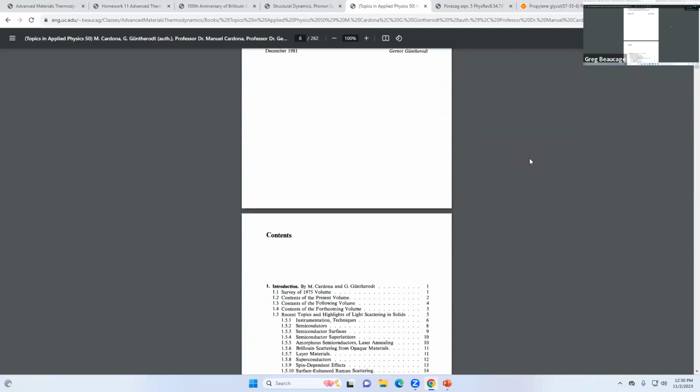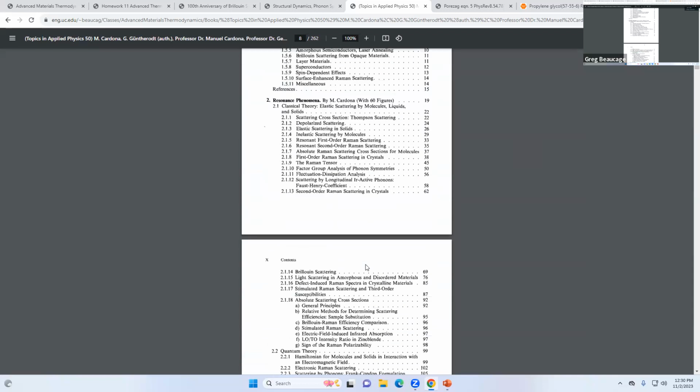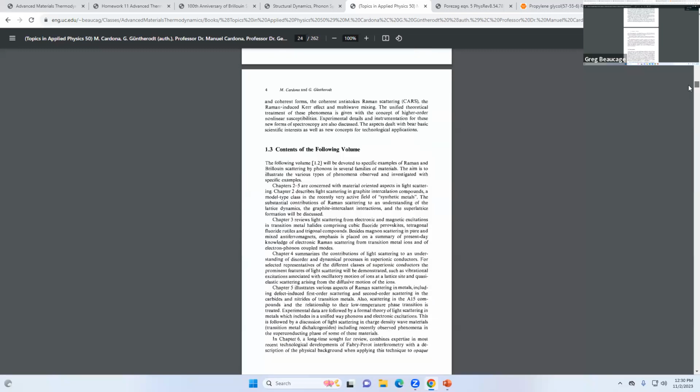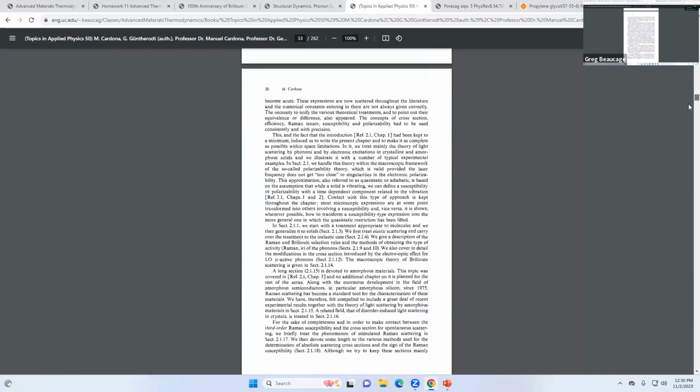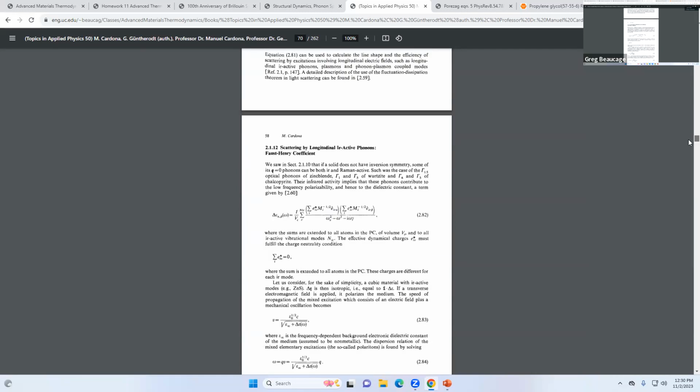I have a kind of better book. Let's see. 2 is the thing, resonance phenomenon. This thing is improving scattering 69. So that's in here. So you can see there's a lot of math involved in this stuff.